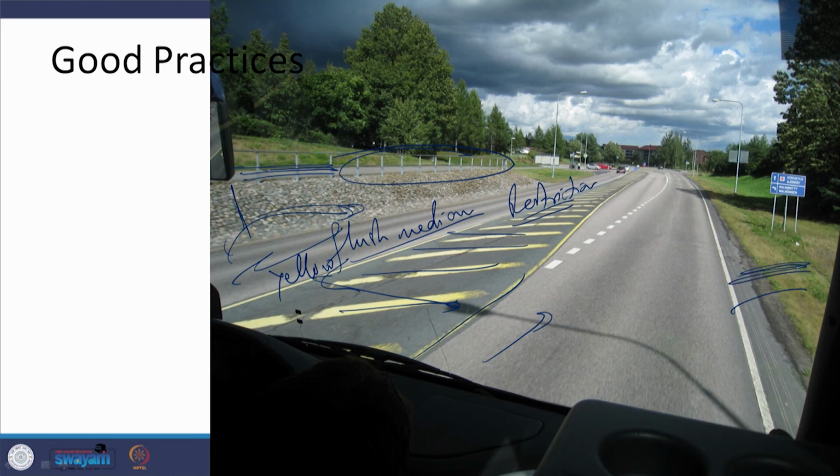One another thing which is being done is that this wide median which is being used has been shortened here, and this has given an opportunity to come up with another lane, and this lane can be utilized for the traffic which is desiring to take a left turn. So, that left turning lane has been created by this particular measure.